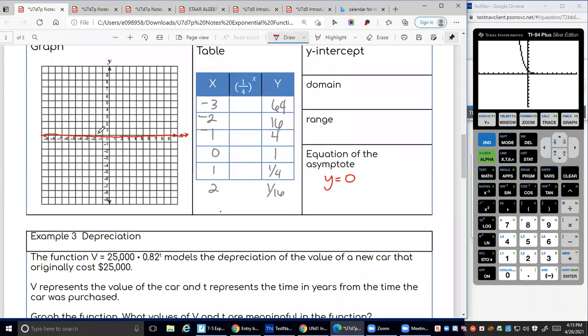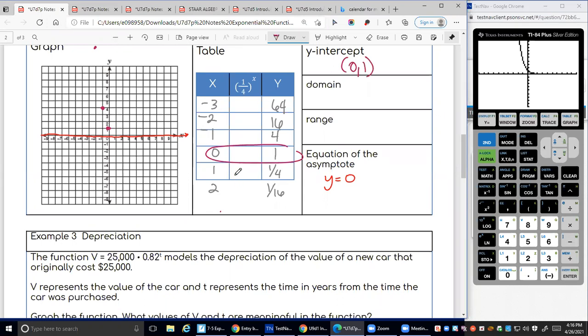I'm going to put in -3, 64. That's huge. And then -2, 16. That's really big too. Then I got -1, 4. And I got 0, 1. Ooh, that's a special one. What is that? That is a y-intercept. So automatically I can just go, oh, 0, 1.